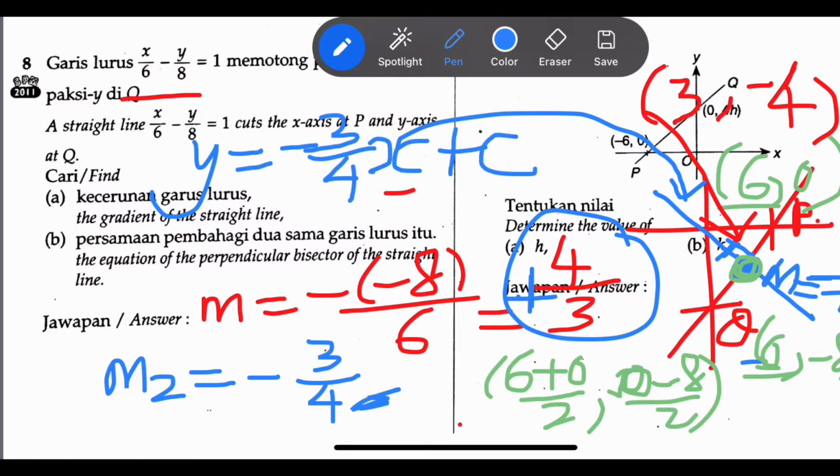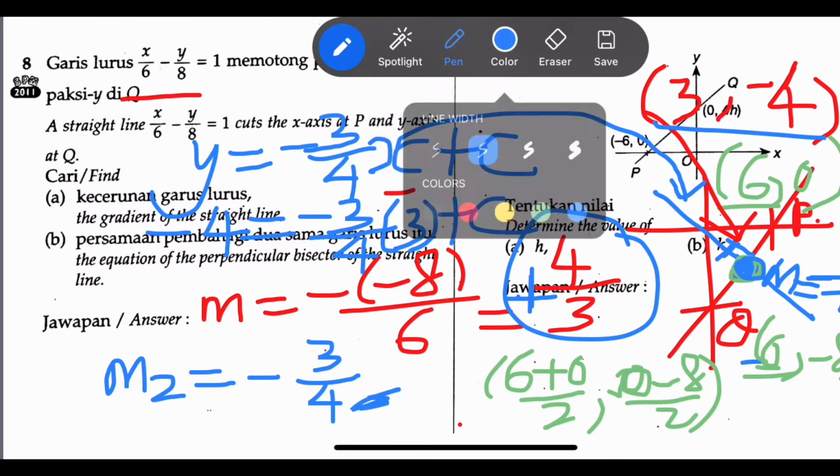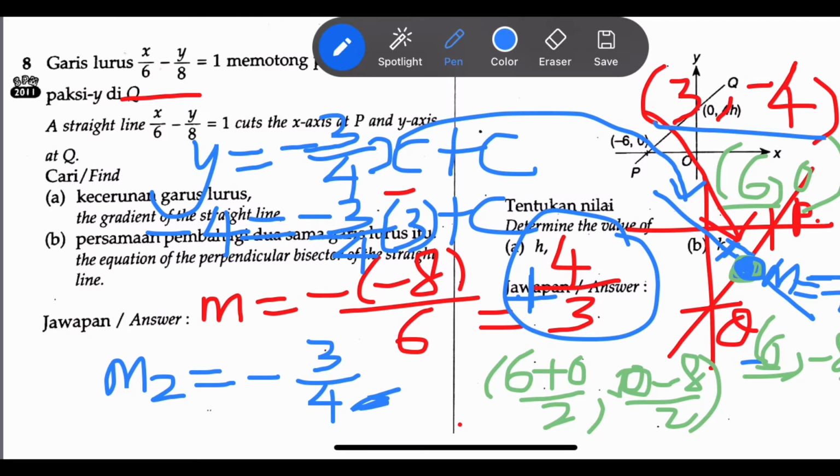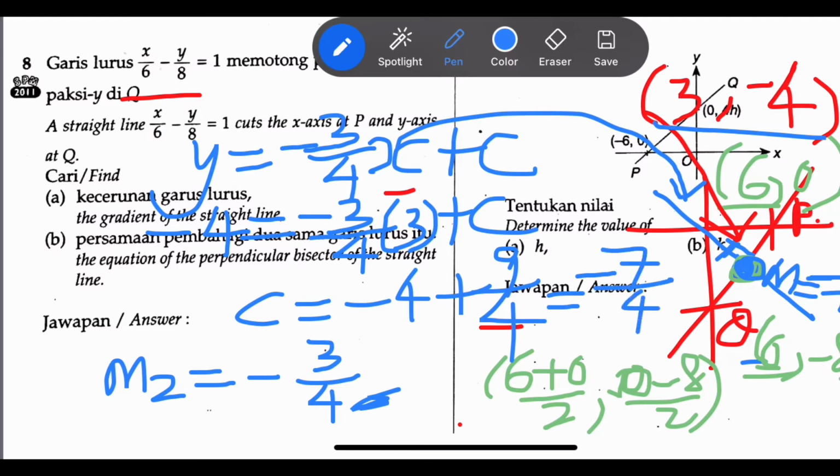So we use y equal to mx plus c, and we substitute the midpoint into the blue equation. So negative 4 equals negative 3 over 4 times 3 plus c. Hence c will be negative 4 plus 9 over 4, which is negative 16 over 4 plus 9 over 4, so it's negative 7 over 4.